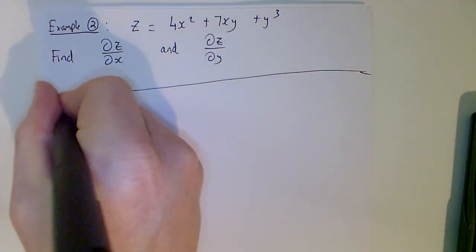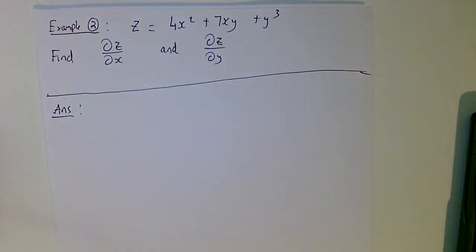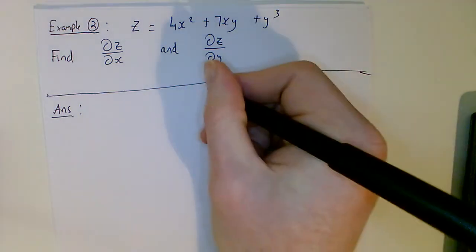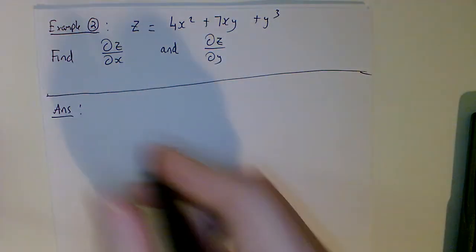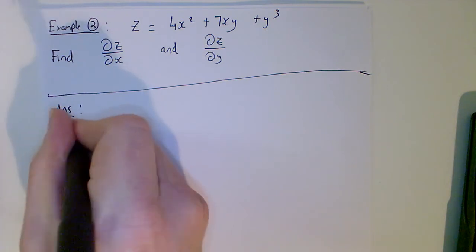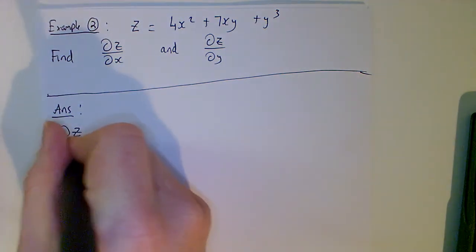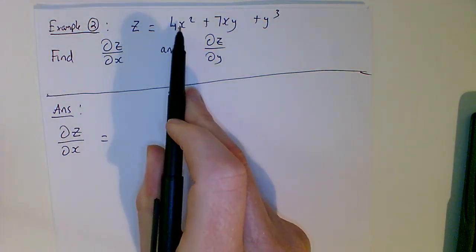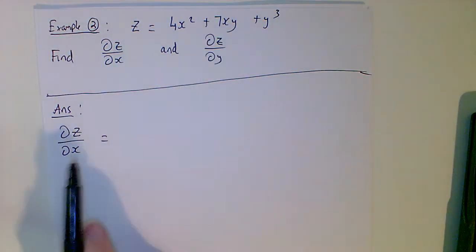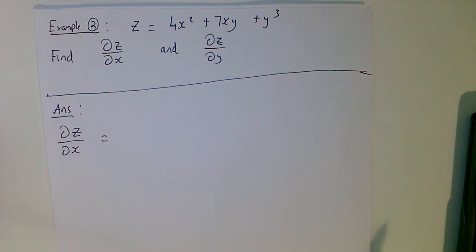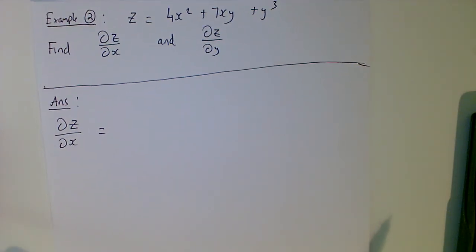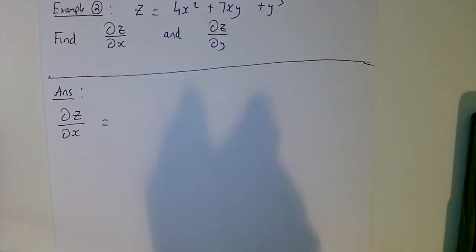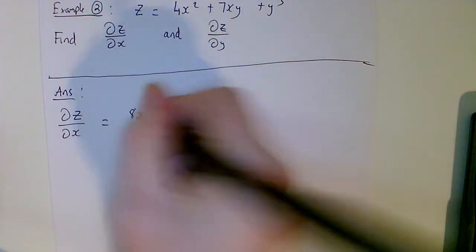Right, so let's have a look at our answer. Again, let's start first with dz by dx. Differentiating x is normal, because x is what I'm differentiating with respect to. If I differentiate 4x squared, that just becomes 8x.